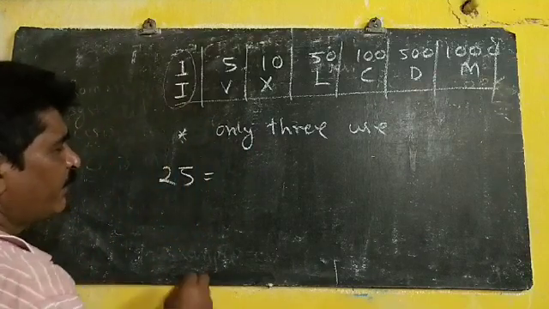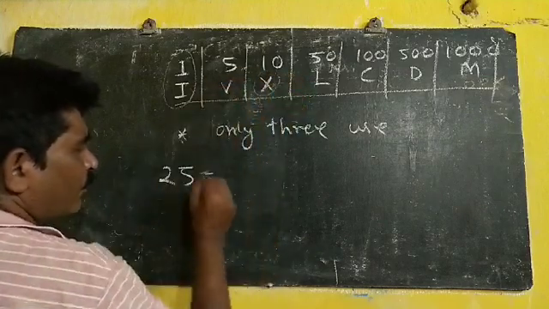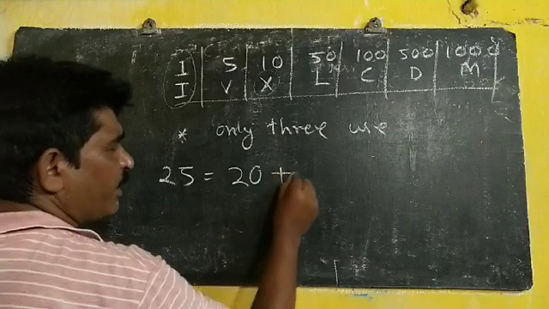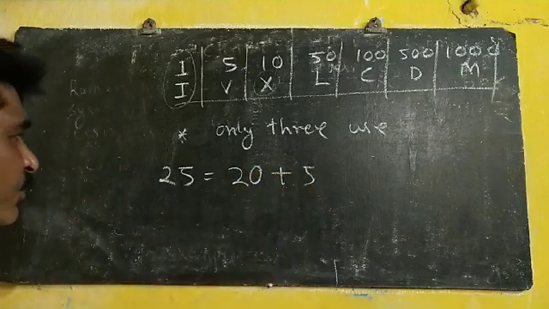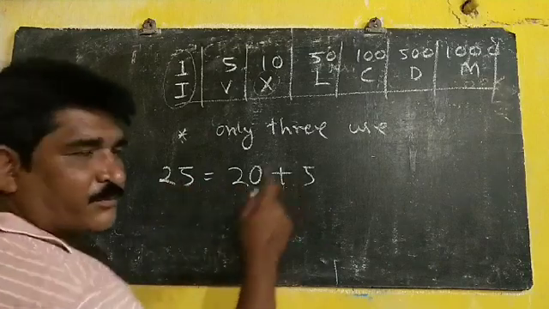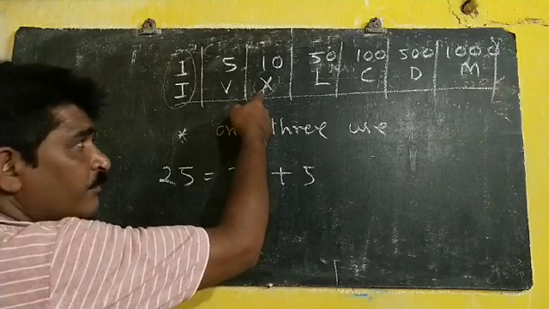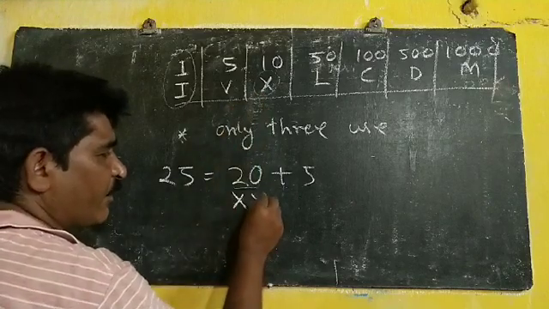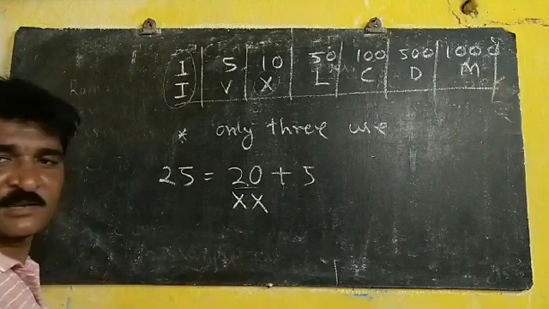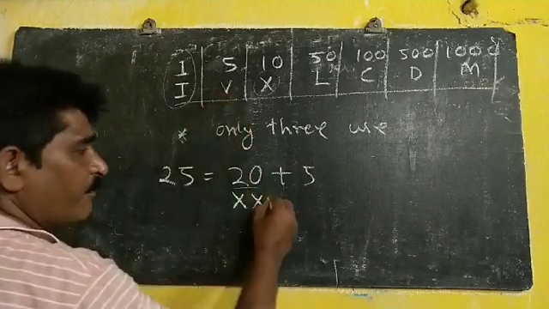So just imagine, 25 means 20 and 5 rupees. Write in expanded form 20 plus 5. But 20 rupees how can you give? We have 10 rupee notes. So we'll give two 10 rupee notes, XX. Then a 5 rupee note we have to give, V.